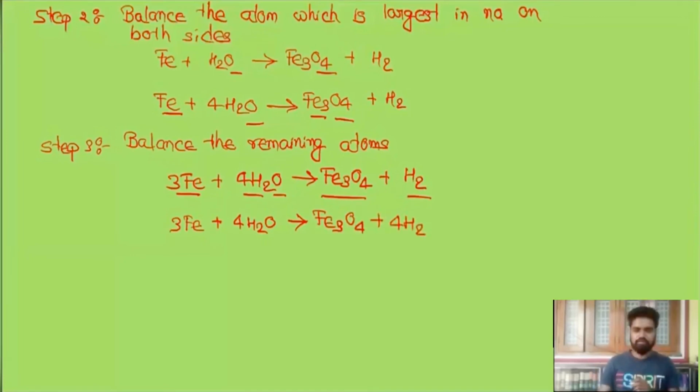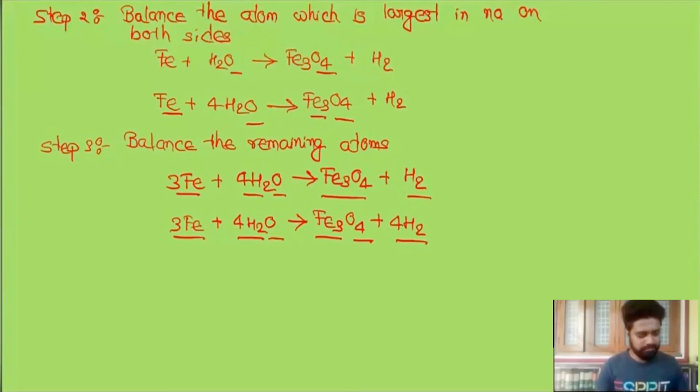Now you get 3 iron atoms on the left hand side and 3 on the right hand side, 8 hydrogen atoms on each side, and 4 oxygen atoms on each side. All the atoms are balanced now, so we get the balanced equation.